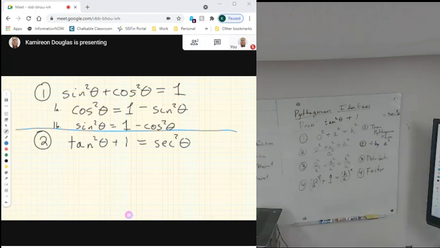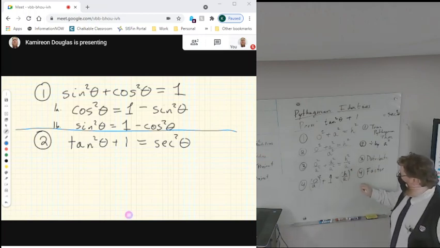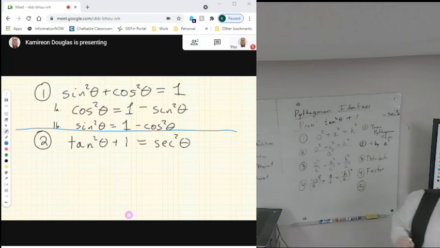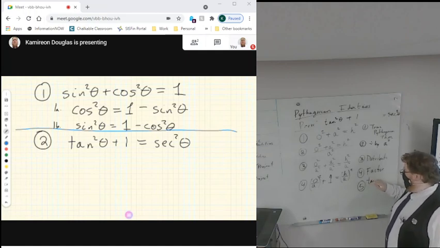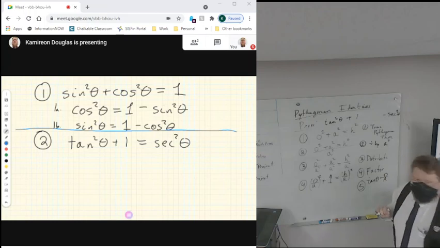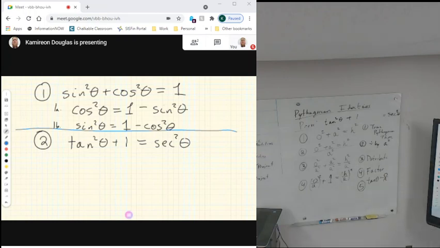And now we have to pull some definitions out again. Step 5. The first one is referred to as a quotient definition because it involves division. o over a is tangent. But what about h over a?